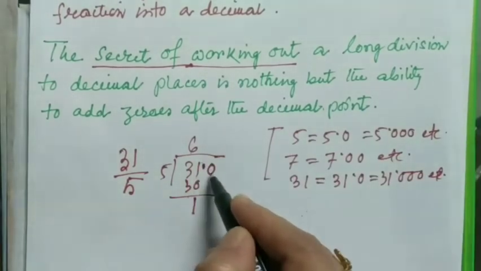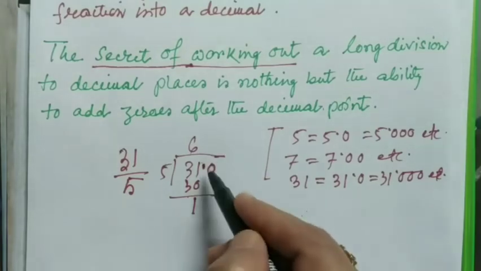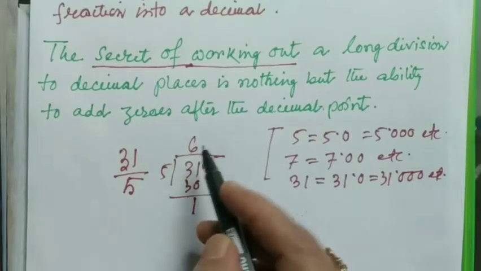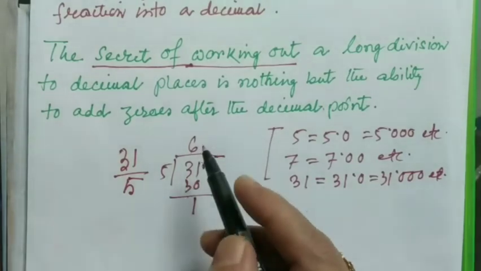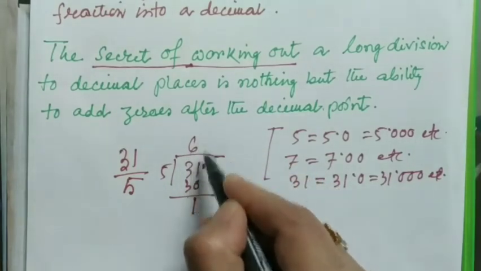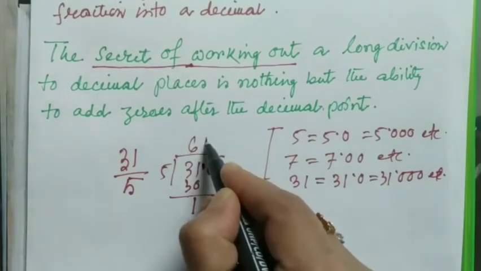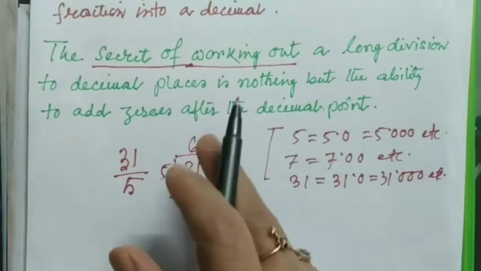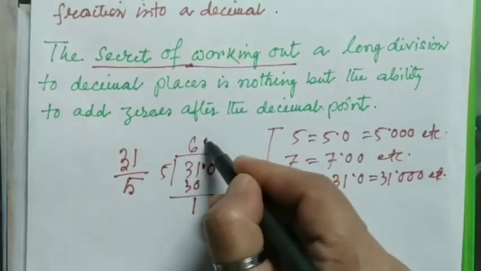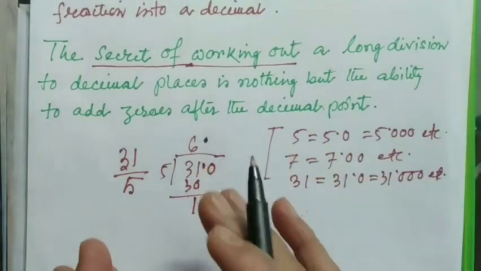So I am putting one decimal point just to add an extra 0 here, and as soon as I put a decimal point here, I am going to put another decimal point in the quotient. That means after 6 I am putting another decimal point straight above. Here remember this is the most important part. Just straight up I am putting another decimal point. Now the task of putting decimal points is over.